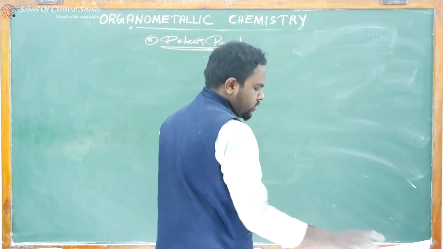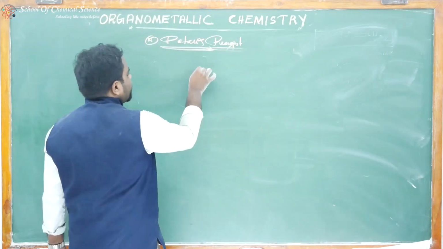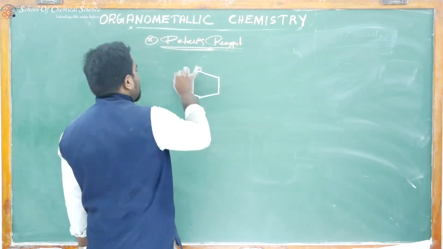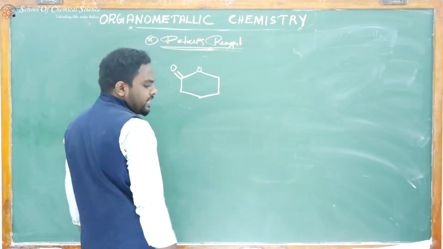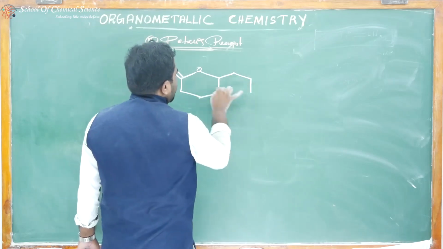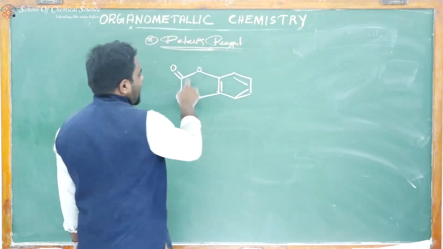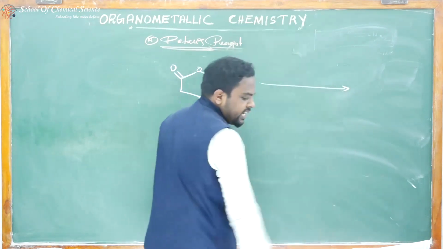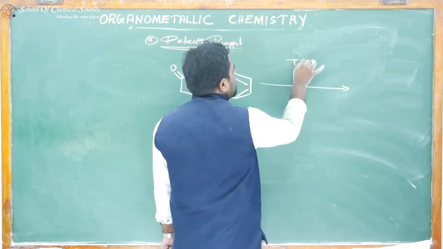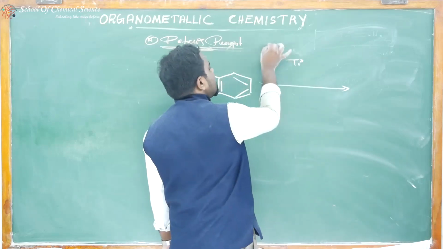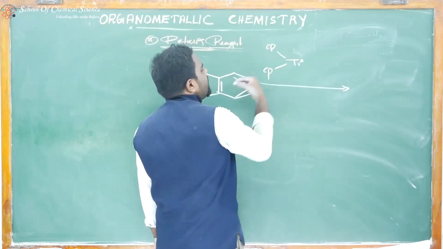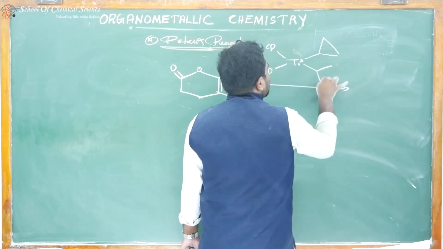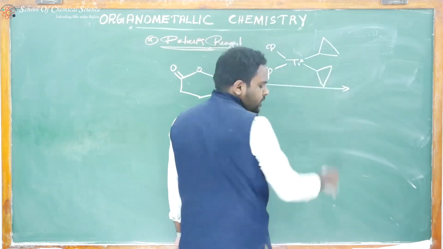Write the next question. C=O is a cyclic ester or lactone. One reaction with a very interesting question: Ti, here Cp, and a cyclopropane system.